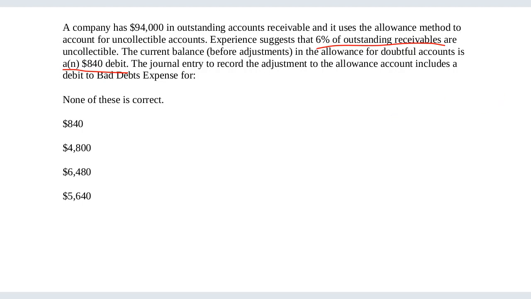So Lee, you're correct. We take 94,000, okay, times 6%, which is the 5,640. Now this is the total, okay, of the allowance. The allowance should equal this total. Now we need to go back to the allowance for doubtful accounts and see what balance do we have there.